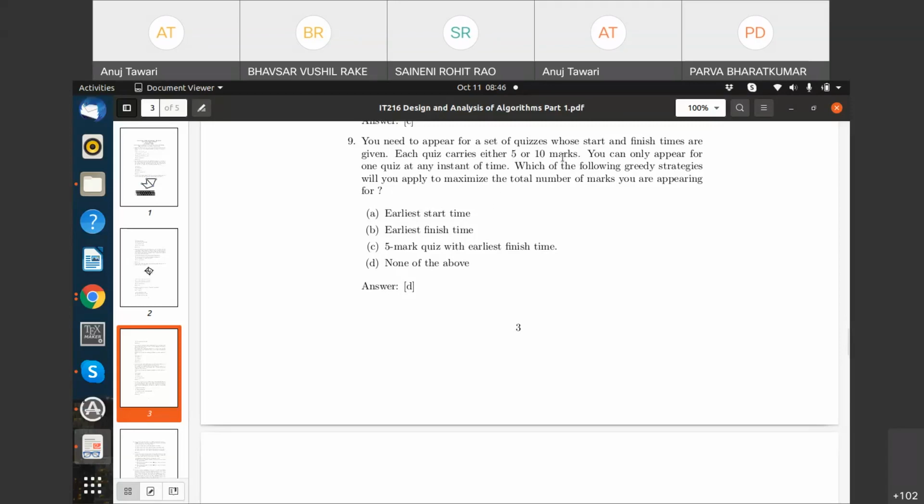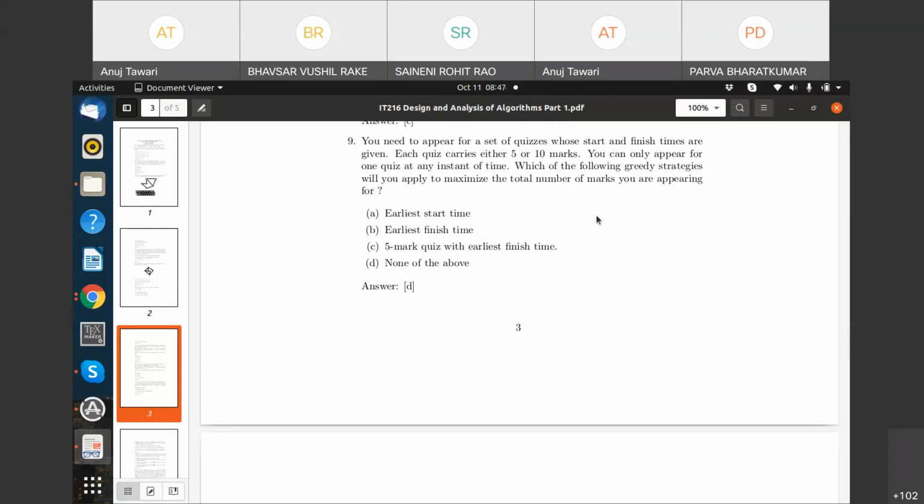The weighted interval scheduling problem works very differently from the unweighted case. So you have a quiz from 1 to 3 that carries 5 marks, and 2 to 4 that carries 10 marks. Earliest start time is definitely not going to work, because then you'll attempt this 5-mark quiz when actually you should be attempting the 10-mark quiz.